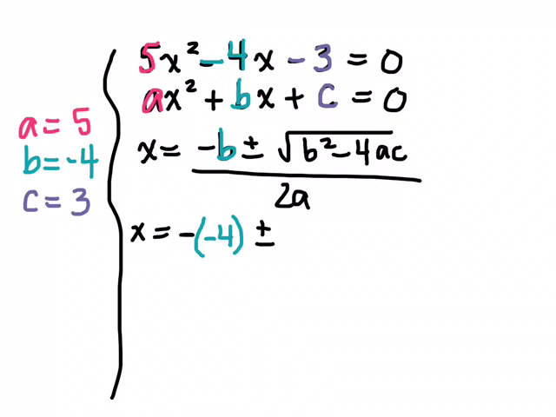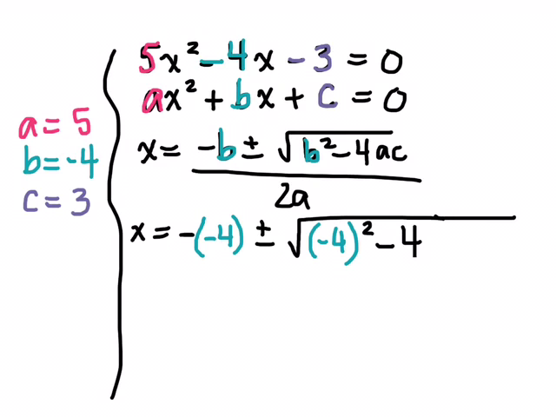Plus, minus, and I'm going to talk about this, square root of b. What's b? So it's all of b squared. Okay, so that's going to become a negative, and negative is going to become positive. Minus 4. What operation is it when we have a number and a variable next to each other?